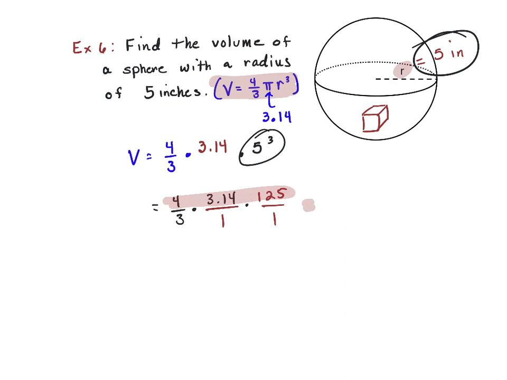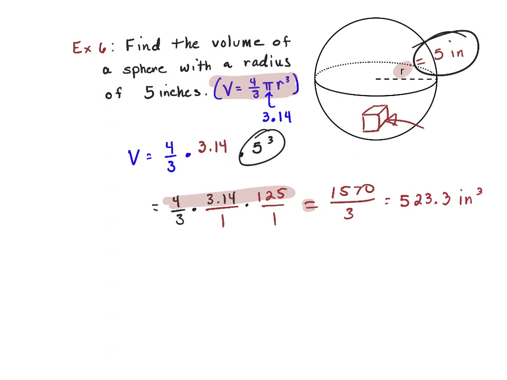Numerator is 1,570. Denominator, just 3 times 1, which is 3. So 1570 divided by 3, I could fit 523.3 approximately of these, in this case, cubic inches.